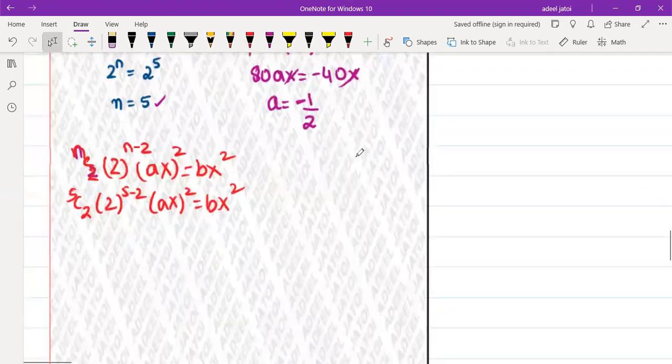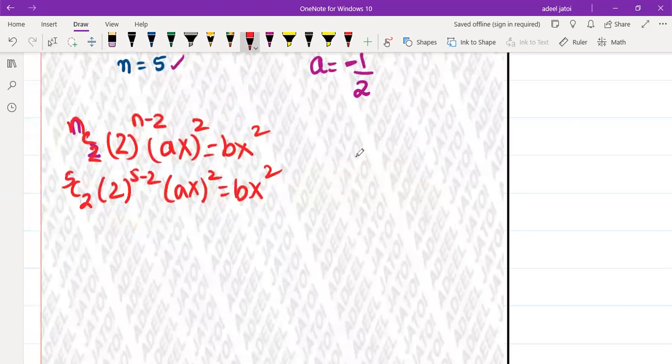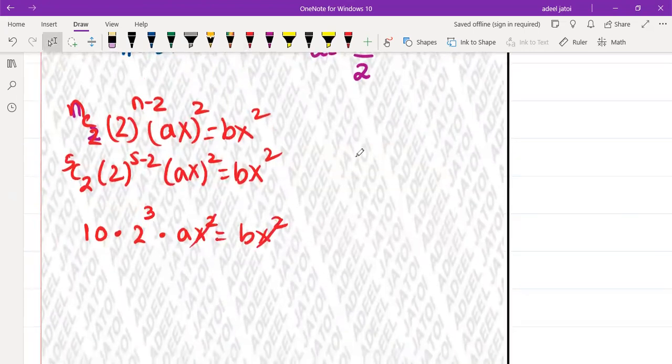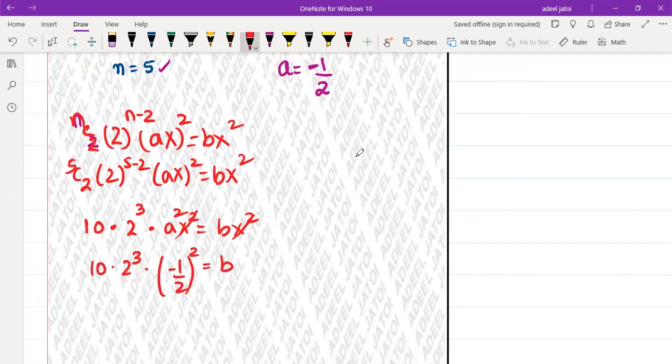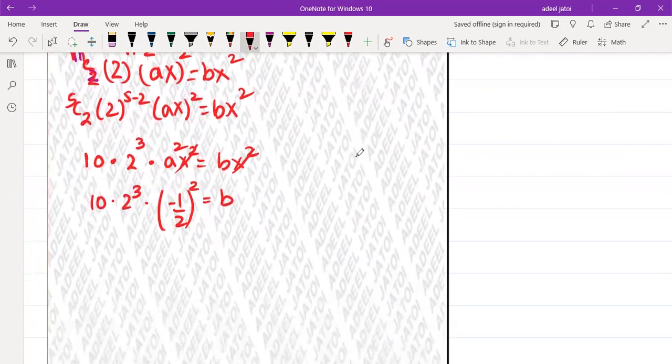So can we say 5C2 is 10. 10 times 2^3 is 80. x^2 is cancelled. The value of a is -1/2, squared, is equal to b. So 80 multiplied by 1/2 squared is equal to b.